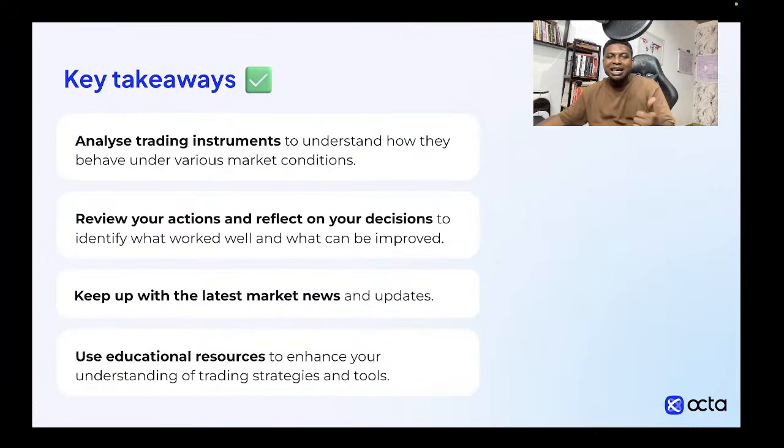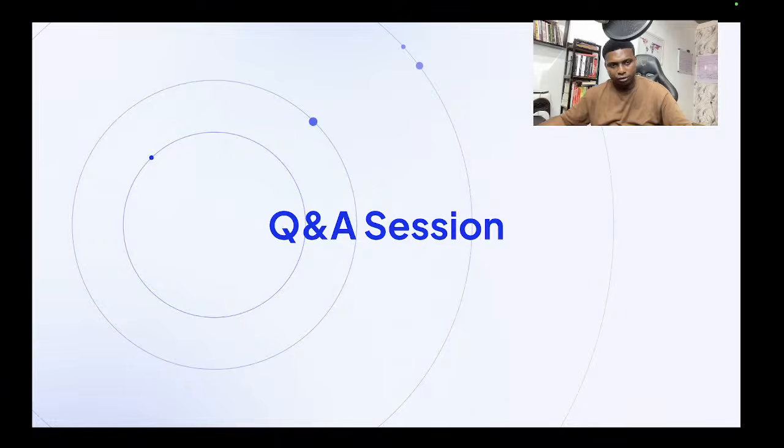One, analyze trading instruments to understand how they behave under various market conditions. Two, review your actions and reflect on your decisions to identify what worked well and what can be improved. Three, keep up with the latest market news and updates. Four, use educational resources to enhance your understanding of trading strategies and tools.